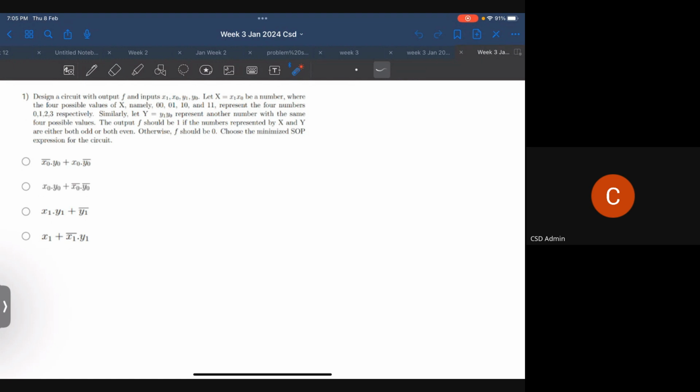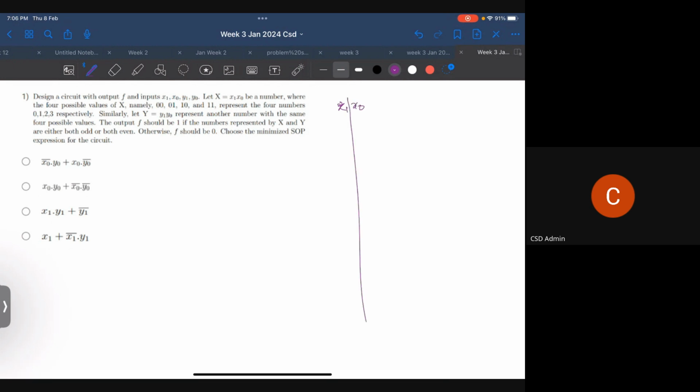So you have to find the minimized SOP expression for the circuit. There is one number, so let's write that as x1, x0.